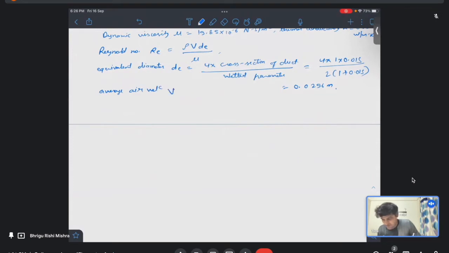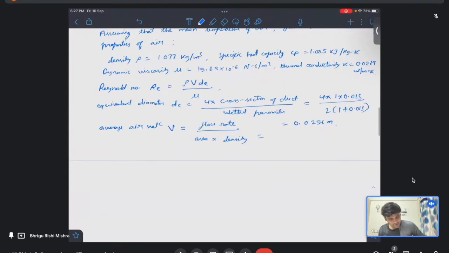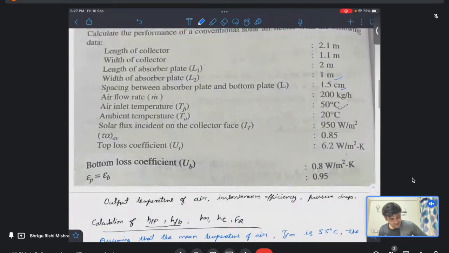Now we can calculate the average air velocity V, using flow rate divided by area into density. The flow rate m dot is given as 200 kilogram per hour.